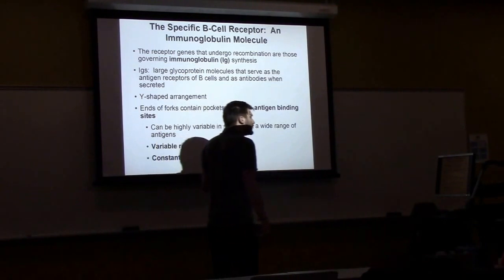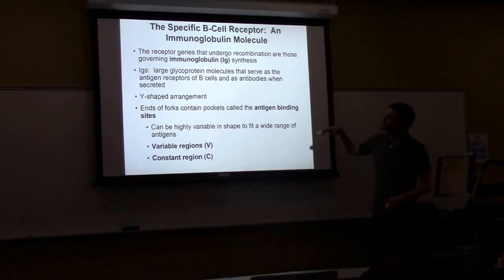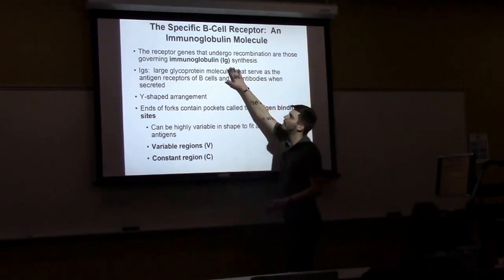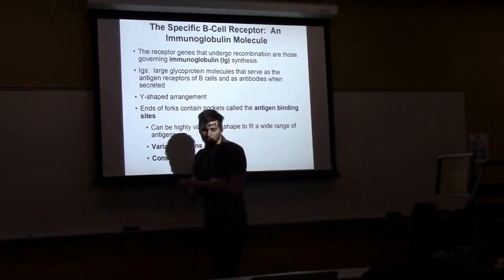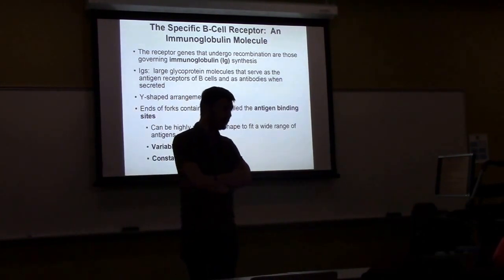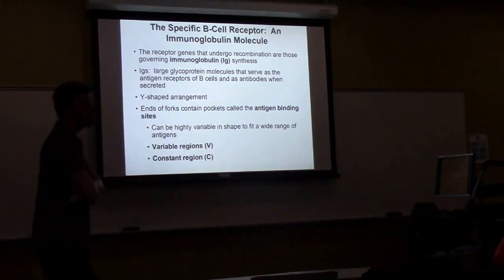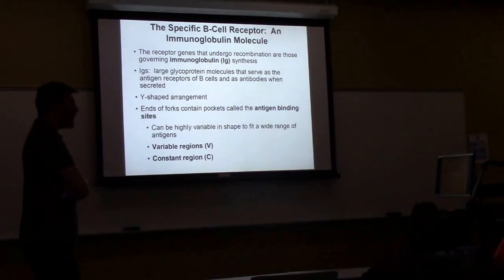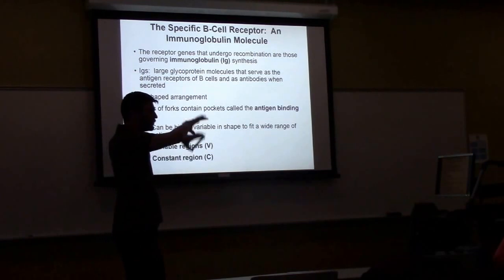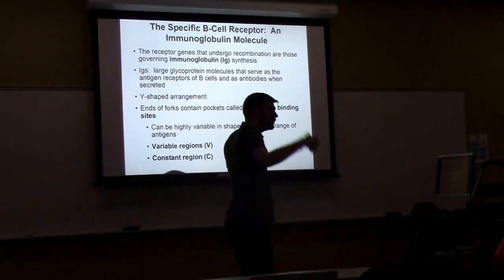Now, what do these receptors actually look like? B cells have an immunoglobulin receptor. Immunoglobulins, also known as Igs, also known as antibodies. So really, B cells just have an antibody stuck in their membrane. And this is why they can bind to antigen as it's floating around, because antibodies bind to things floating around.